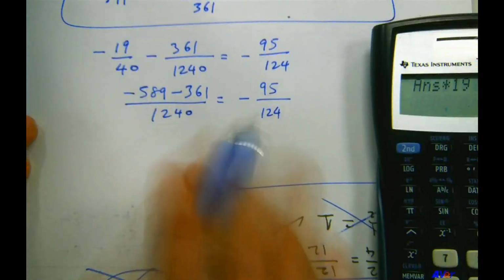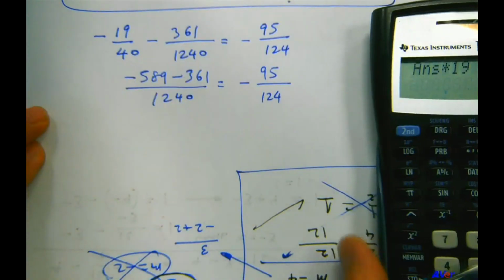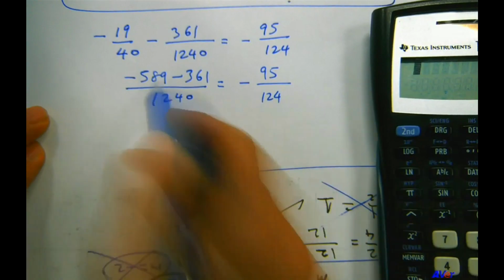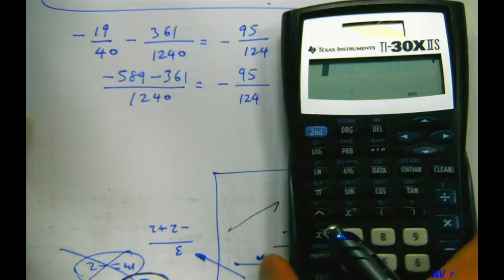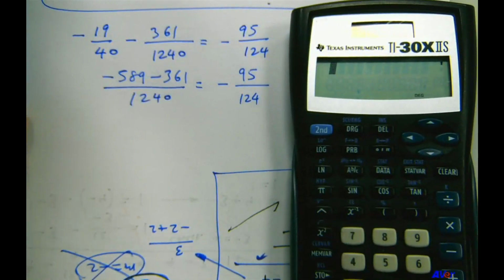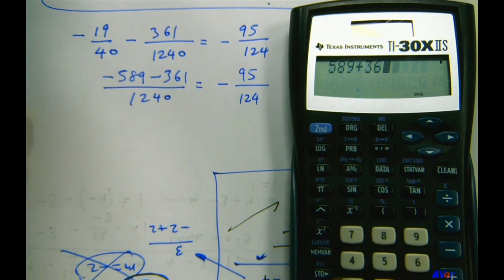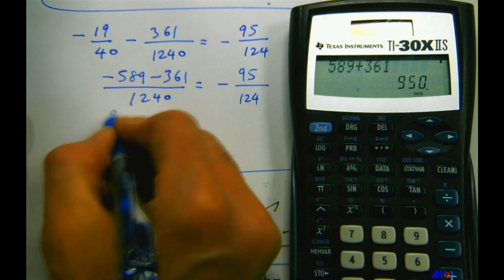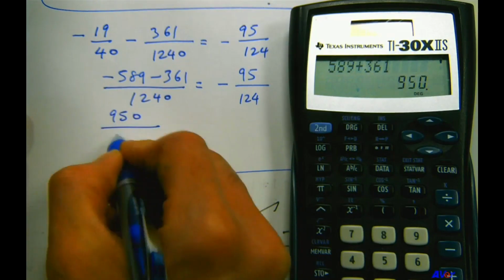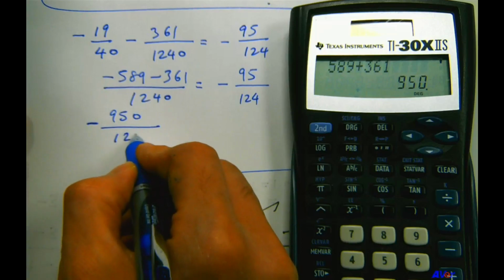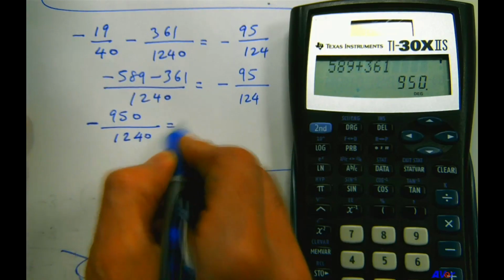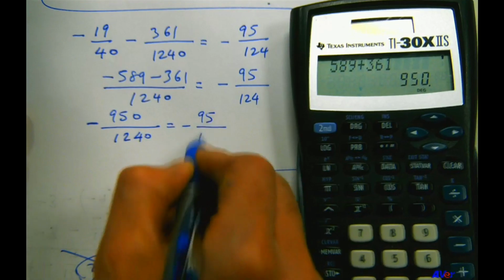So let's see, what do we get? Adding these two, 589 plus 361, we have 950, so minus 950 divided by 1240 equals minus 95 over 124.